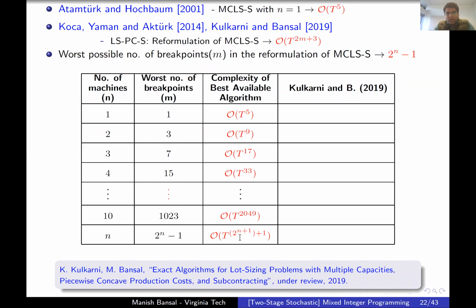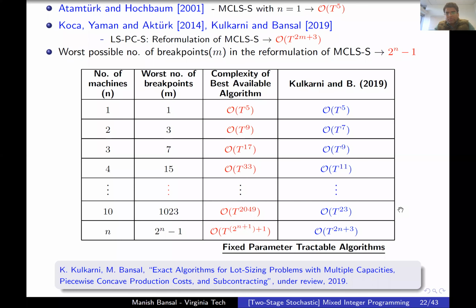But we introduce a new algorithm which is specific to MCLSS, and it belongs to the class of fixed parameter tractable algorithms, which means that if I have a fixed n, then the problem is polynomially solvable. If you compare the complexity between reformulating it and solving it using this new algorithm, essentially for n equal to 10, instead of having T to the power 2049, you have T to the power 23.